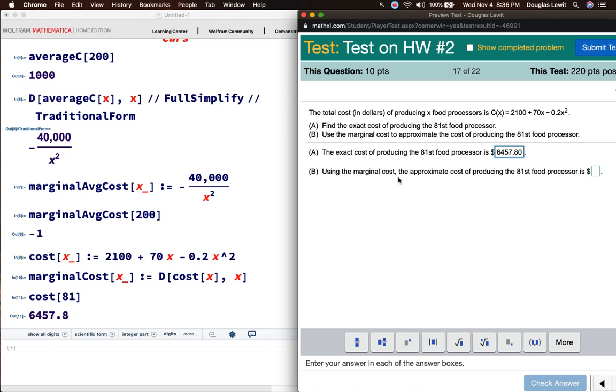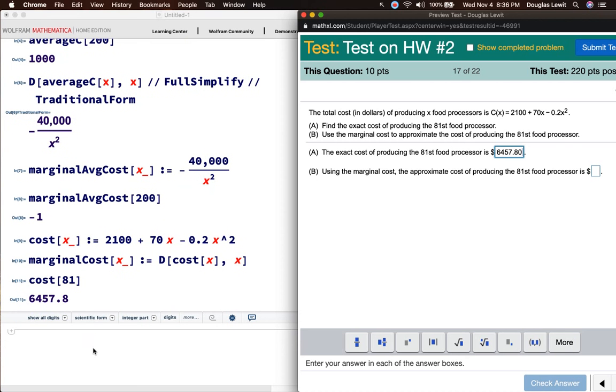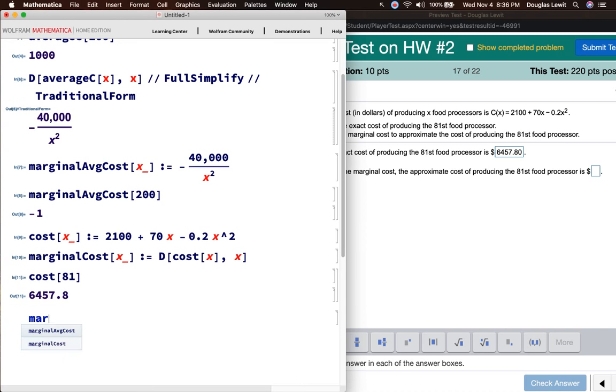Using the marginal cost, the approximate cost of producing the 81st food processor is, now this one's a little bit challenging because of the marginal cost for this problem. Okay, let's go back to Mathematica.